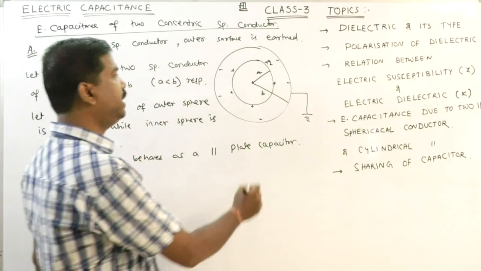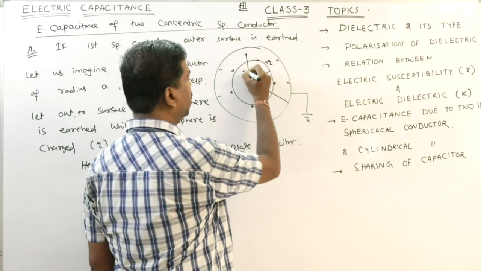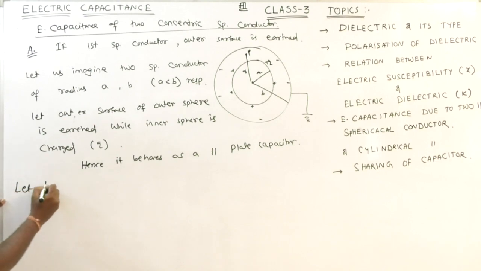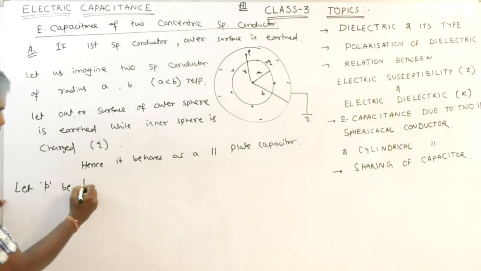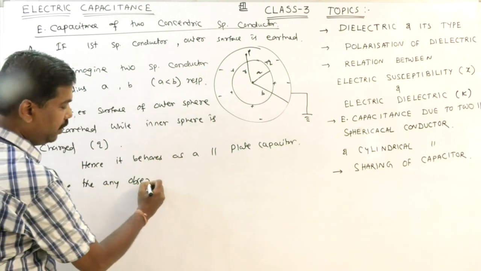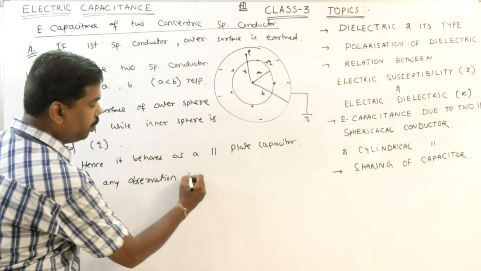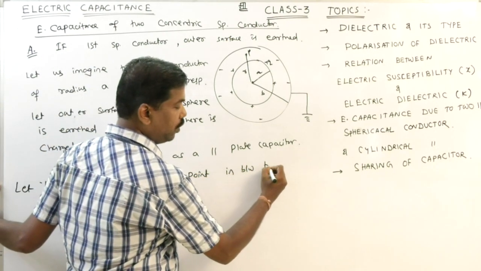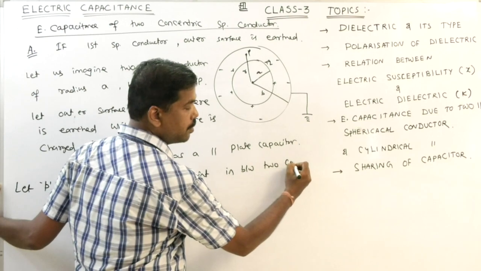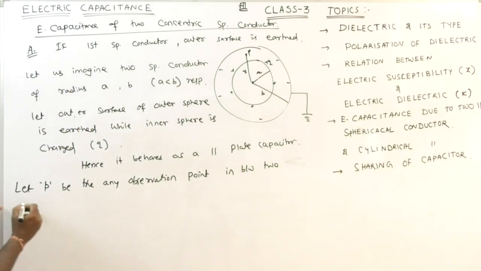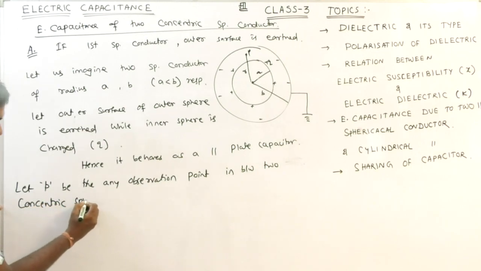Okay. Let P be any observation point at a distance r, in between the two concentric spheres.